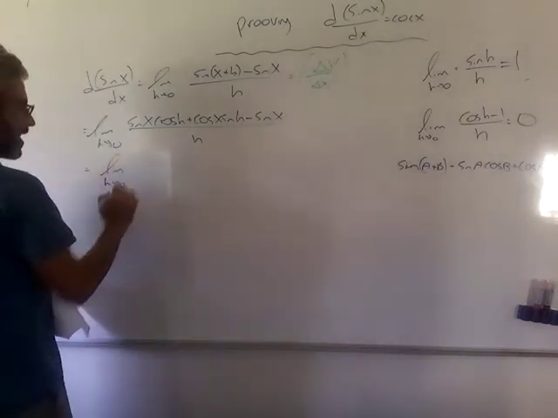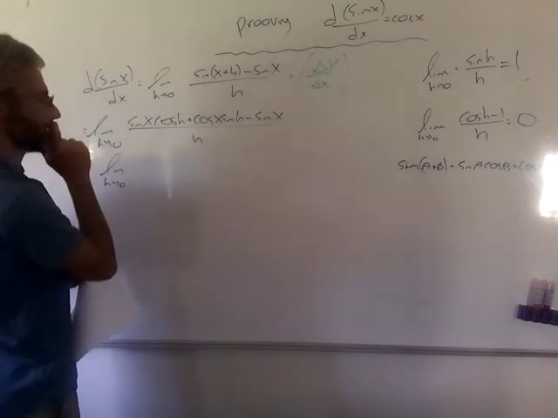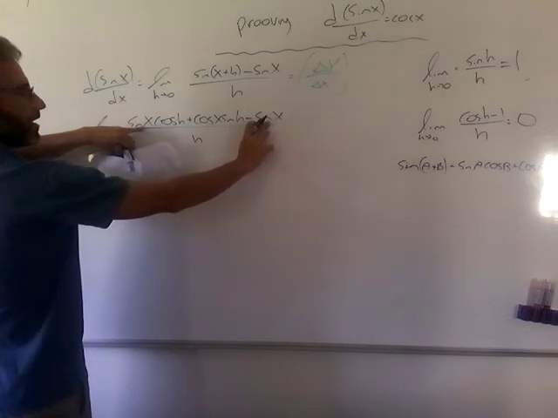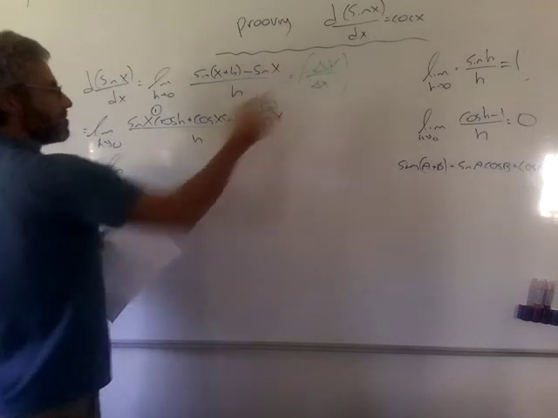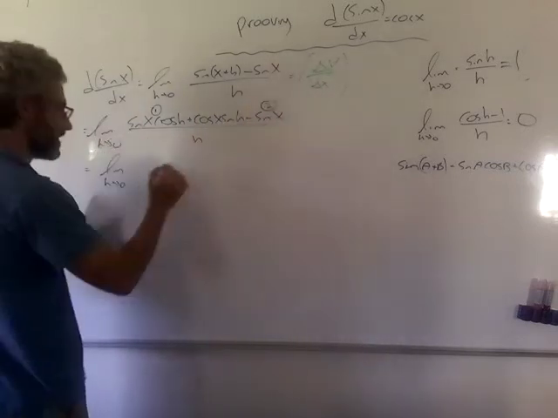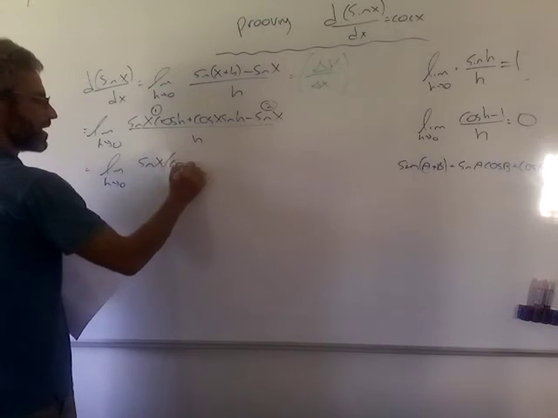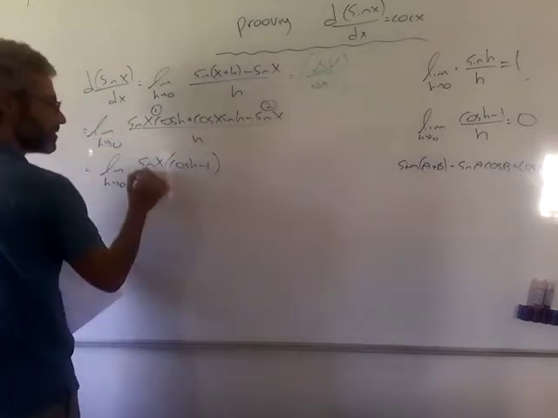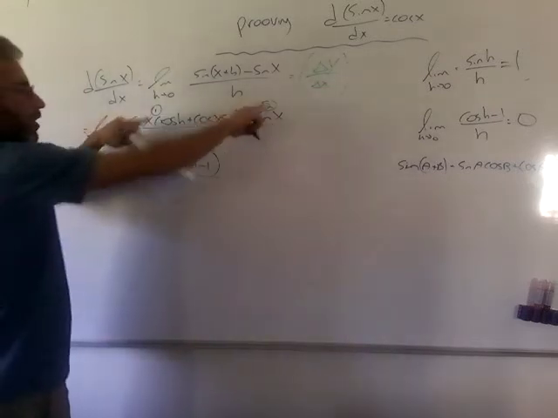As h approaches 0, I'll take the first two terms, term 1 and term 2, and put them together. And I'll take a factor, sine x, out. So I'm going to have sine x times cosine h minus 1, that's just factorizing these two terms, and I divide by h. That's terms 1 and 2.